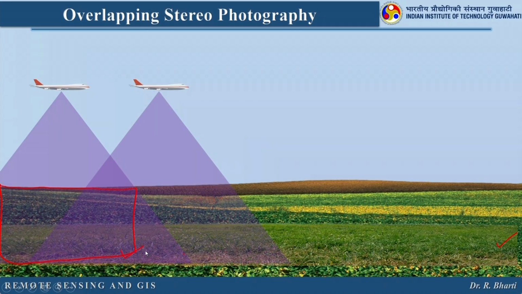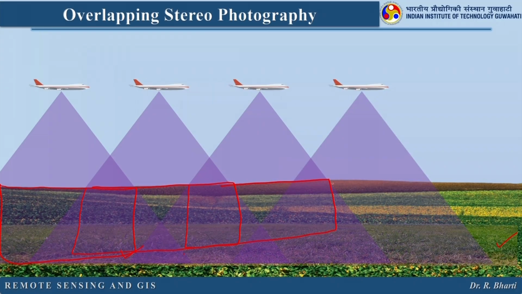Then when we move our aircraft, it will capture from here to here, right. Then again we are moving, then it will capture from here to here, right. Then we are capturing from here to here, then we are capturing from here to here.